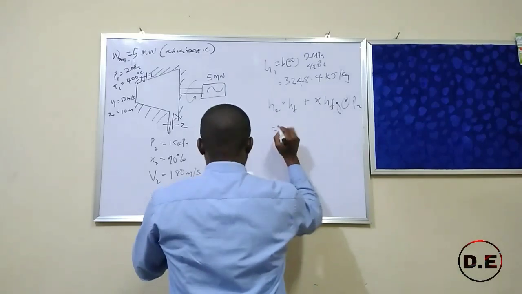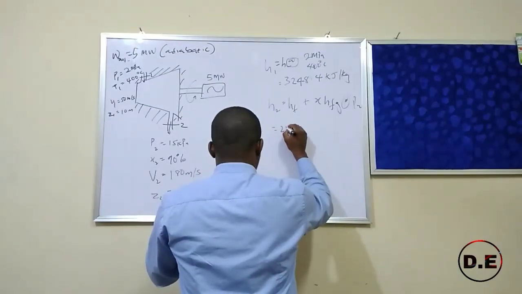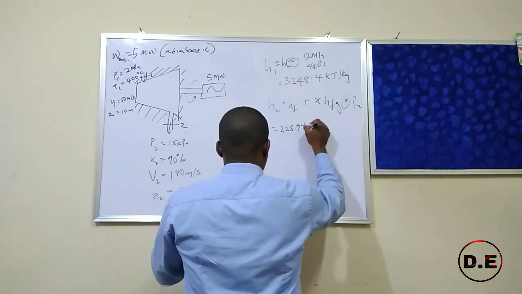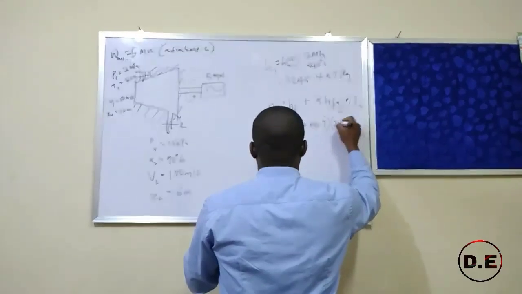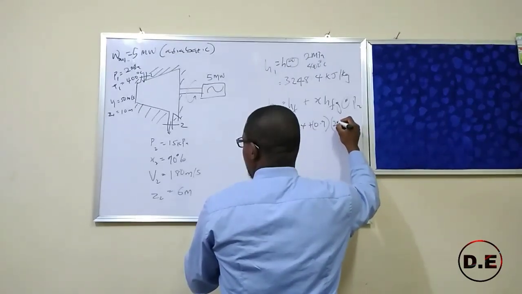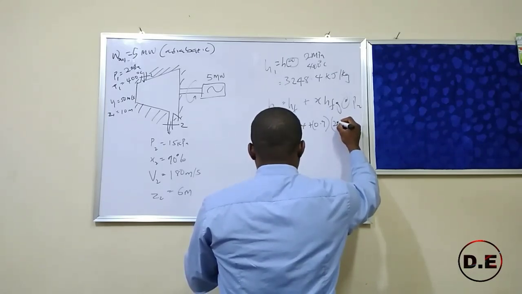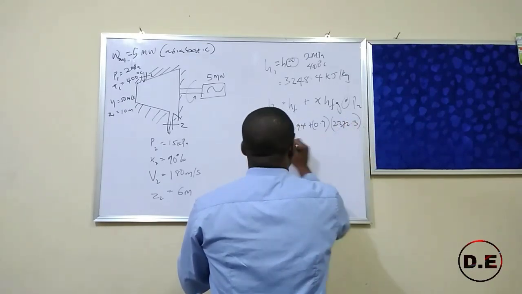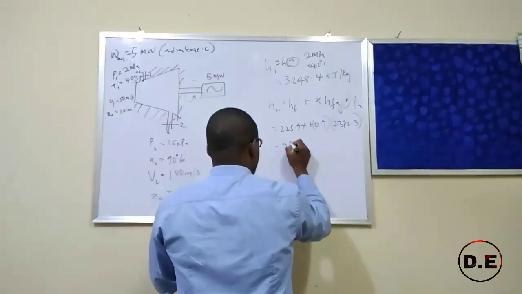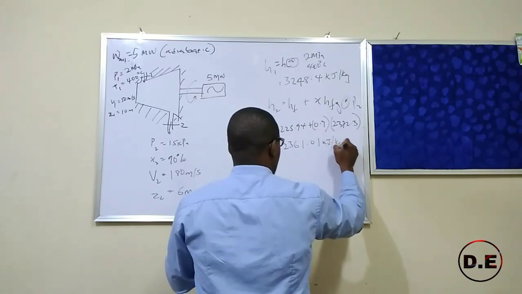So HF at that point is 225.94 plus 0.9, which is the dryness fraction X, times HFG at 15 kilopascal, and that is 2372.3. Solving, I would have 2361.01 kilojoules per kilogram.